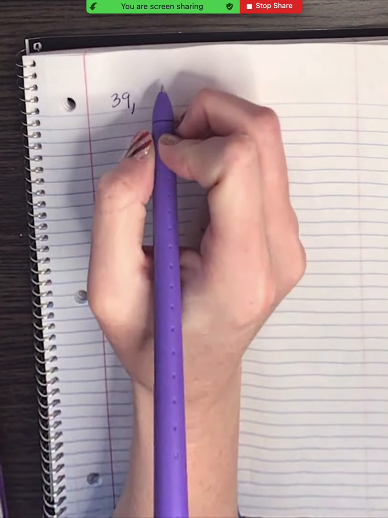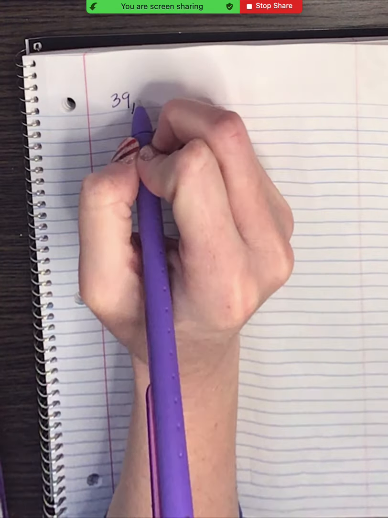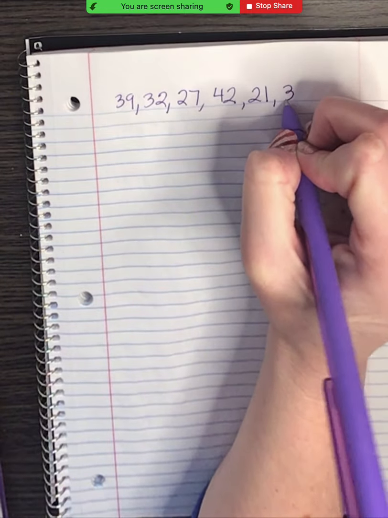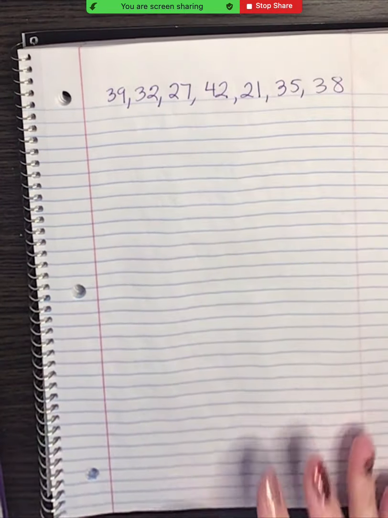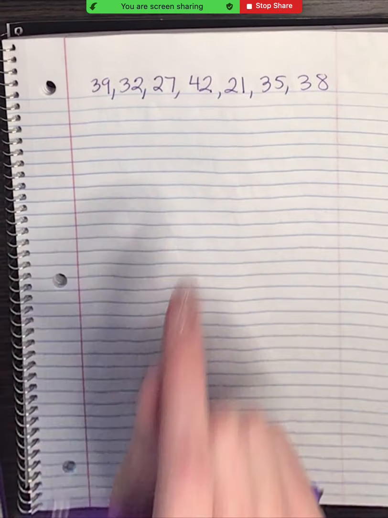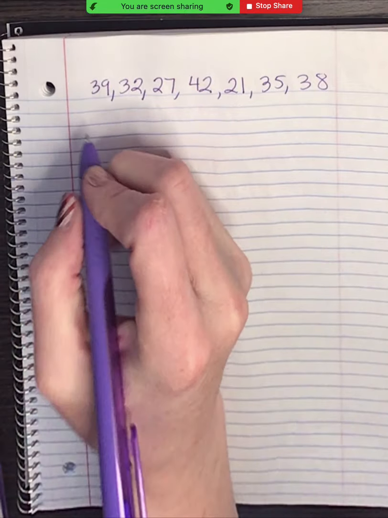All right. So I'm going to use the data 39, 32, 27, 42, 21, 35, and 38. Okay, so you have to find your first, second, third quartiles, your smallest and your biggest number. So arrange in order.